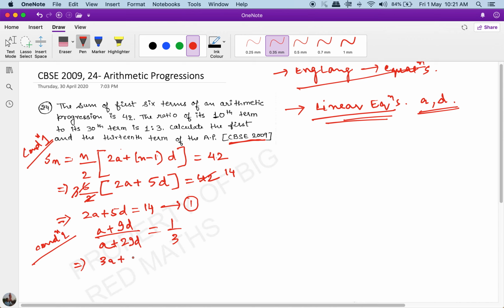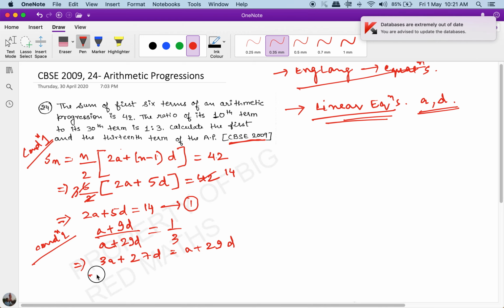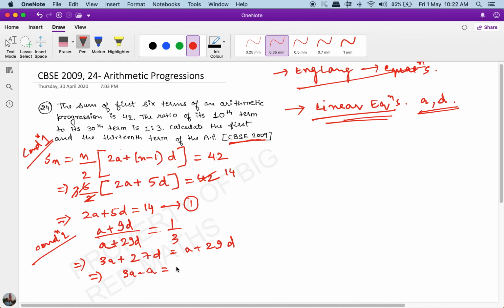So I have 3a plus 27d is equal to a plus 29d, and this implies if I take a on the LHS and d on the RHS, I will get 3a minus a is equal to 29d minus 27d, or 2a equal to 2d, or a equal to d. So a is equal to d. This is my second equation.